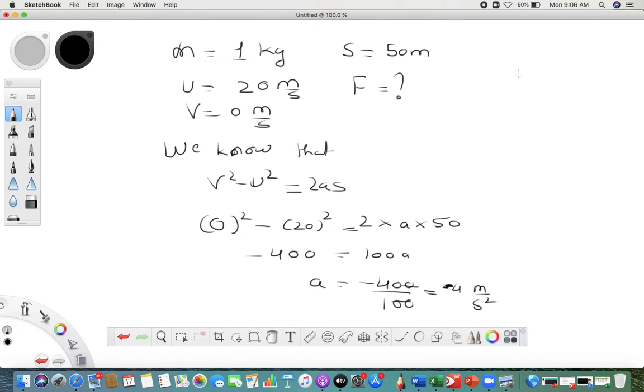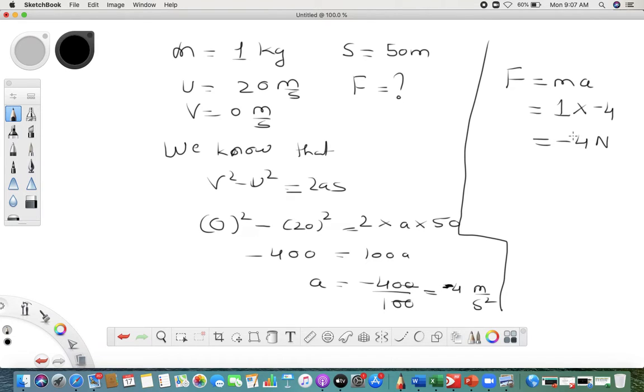Then we have to find F. F is equal to ma. So m is 1 kg and a is minus 4. So it is minus 4 Newton. Hope you are getting what I am saying.